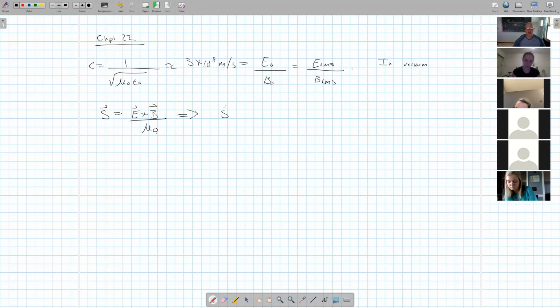What else? From here, we then saw that we had radiation pressure, P rad. Radiation pressure was equal to A times I divided by c, where A is some number between 1 and 2. It is 1 when this guy is totally absorbing, and it's 2 when this guy is completely reflecting.